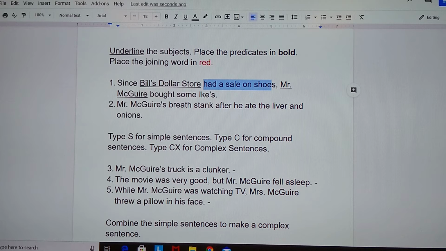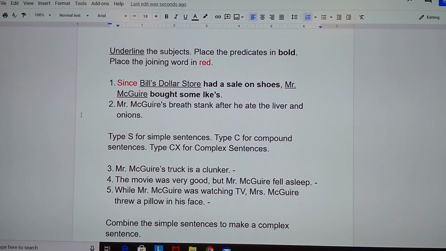Had a sale on shoes and bought some Ikes. And what is the joining word? Say it out loud. Good. Since is the joining word. Oops, supposed to be in red.